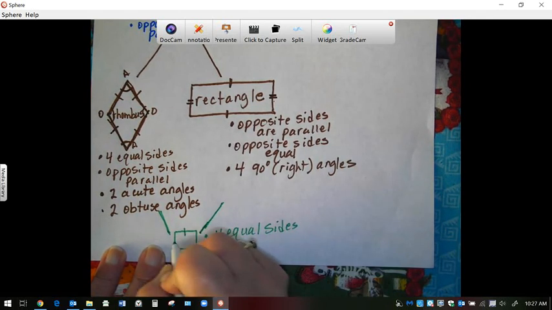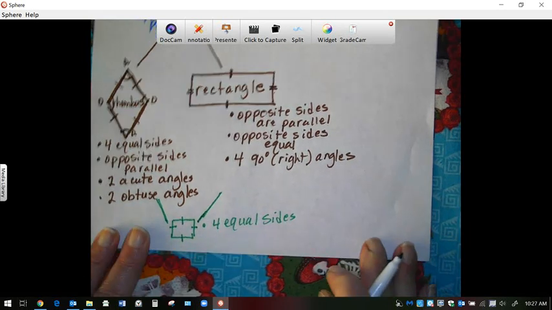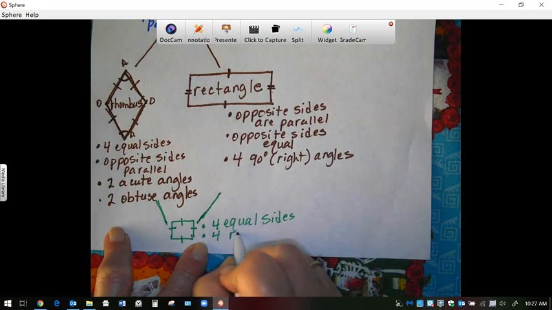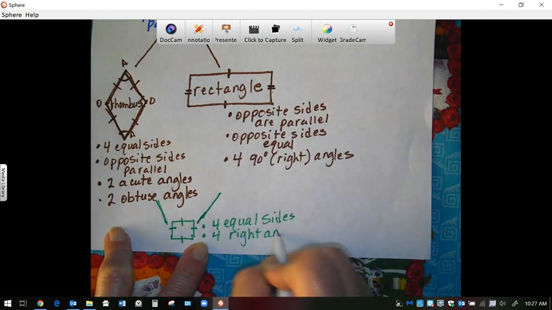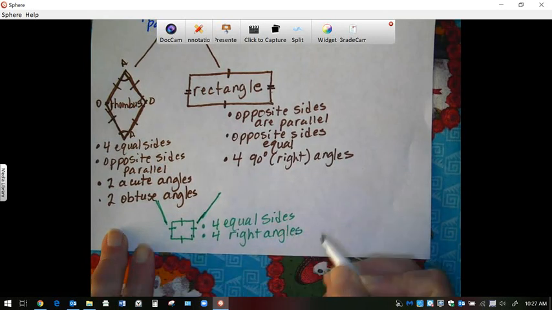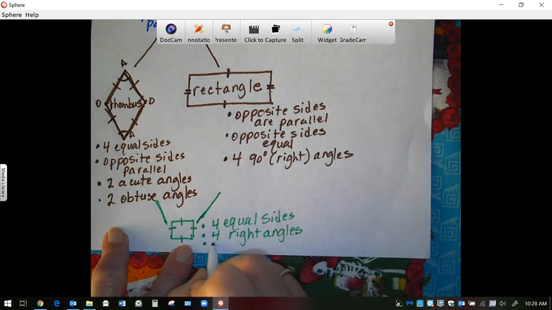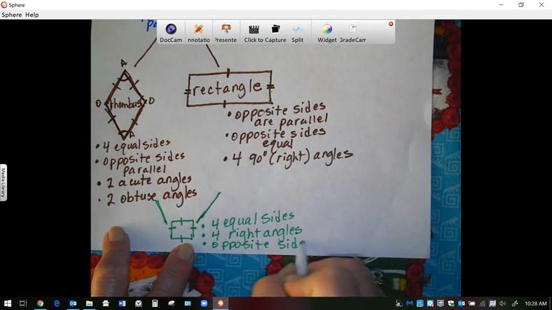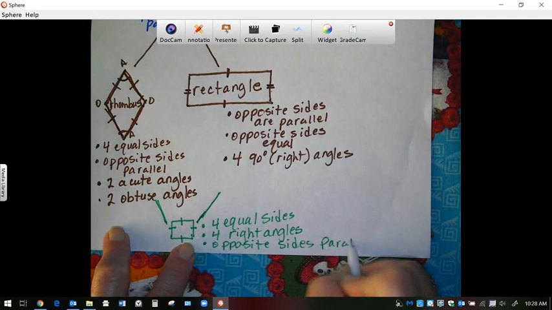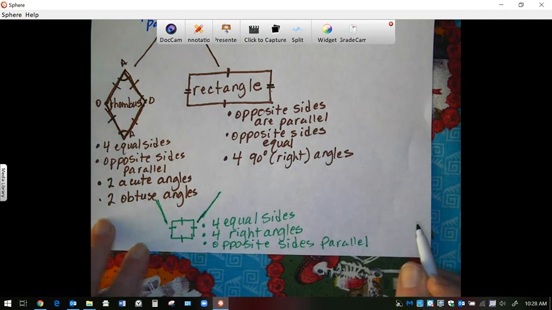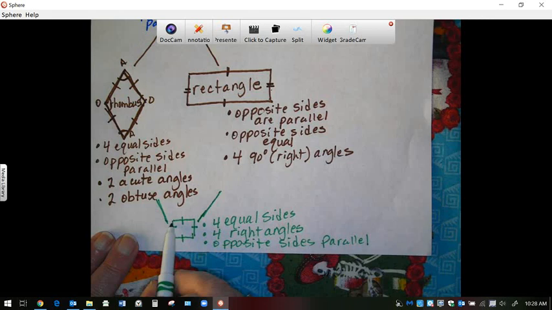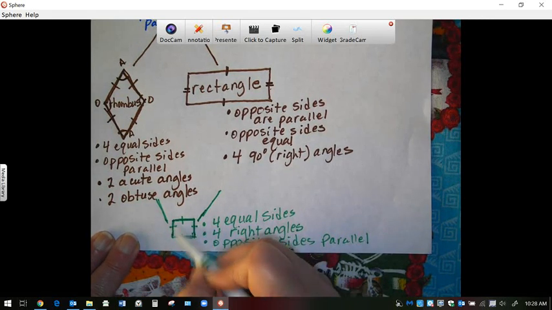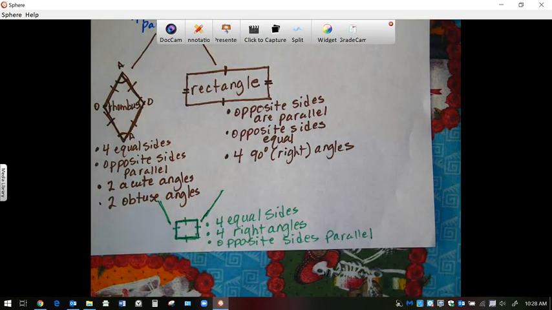All sides are the same length. It has 4 right angles. And opposite sides are parallel. The top is parallel to the bottom, and the right side is parallel to the left side. Okay.